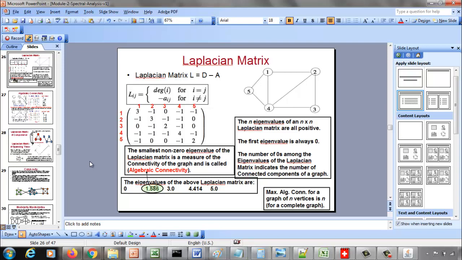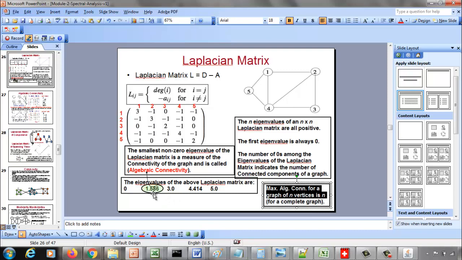Now you could get a feel of how much connectivity there is in this graph. You see here, this is a graph of 5 vertices. For a complete graph, you are going to get the algebraic connectivity to be the number of vertices. So the maximum algebraic connectivity for a graph of n vertices is n.